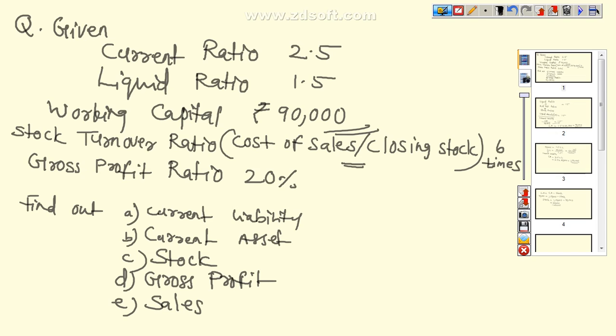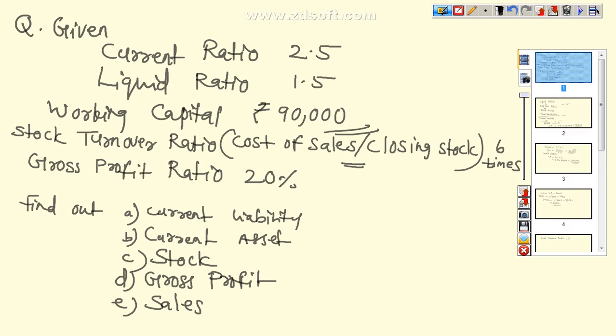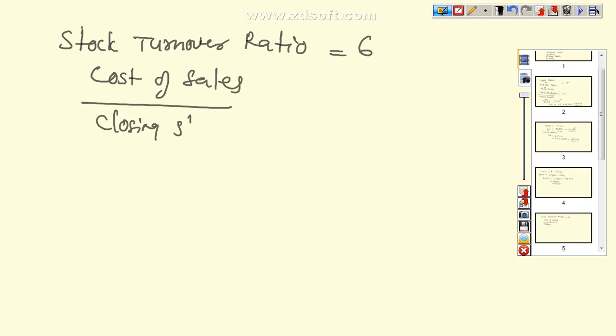So stock turnover ratio is equal to 6, given in the question. So cost of sale upon closing stock is equal to 6.